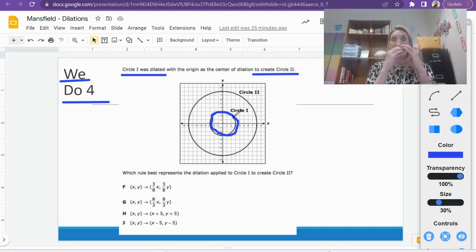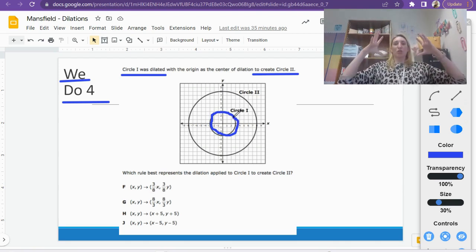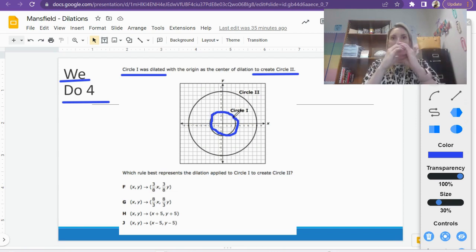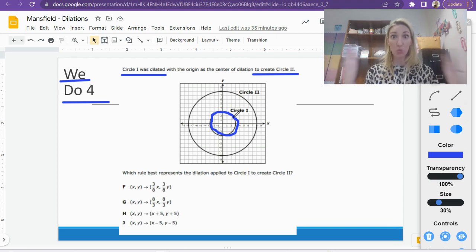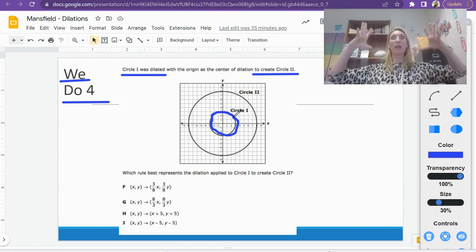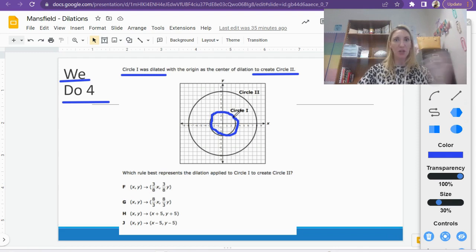And then now I have circle 2. Something happened to my circle 1 that now I have circle 2. What happened? Did it grow or shrink? Did it get bigger or smaller? It got bigger, of course. Look at circle 1, really teeny tiny. And now look at circle 2, so much bigger. So go ahead on your paper. After you write we do 4, please write grow. This one is also growing.